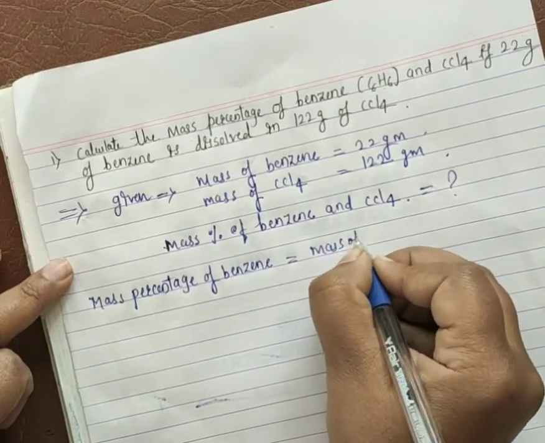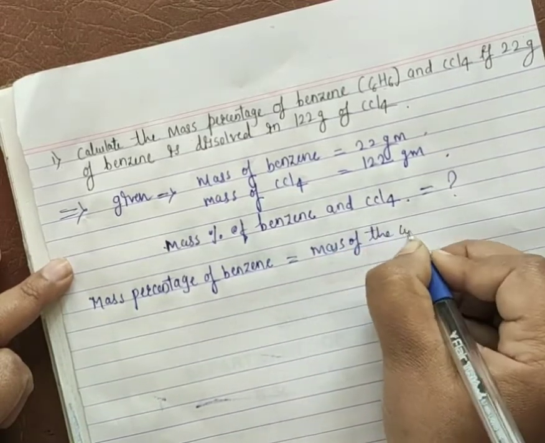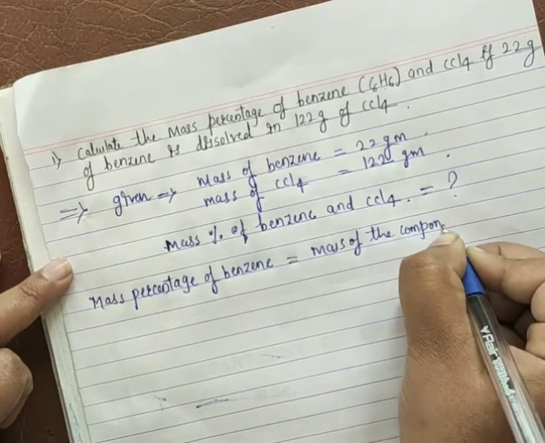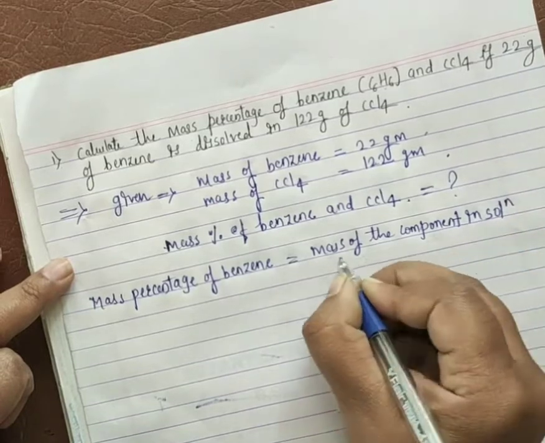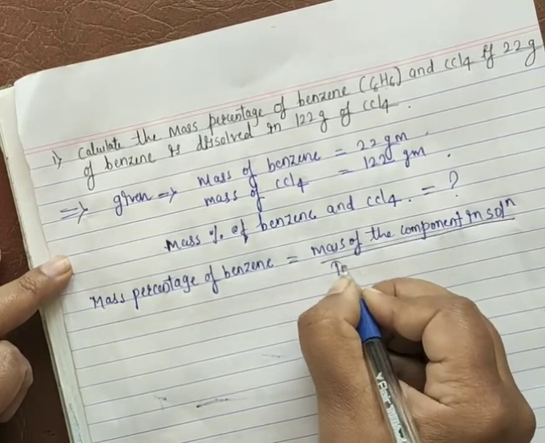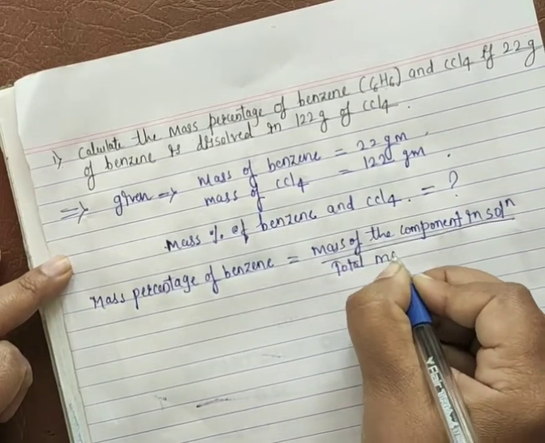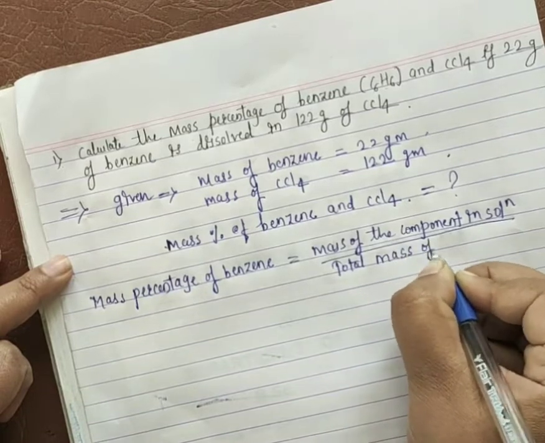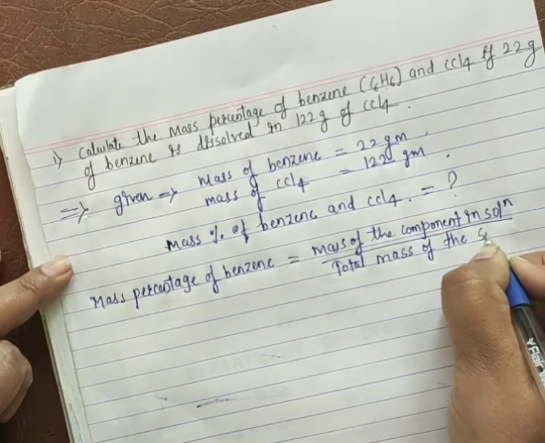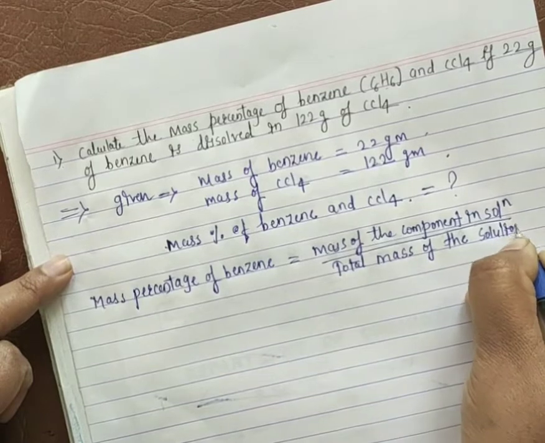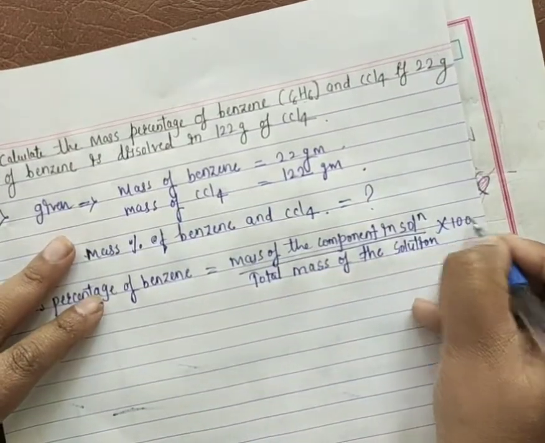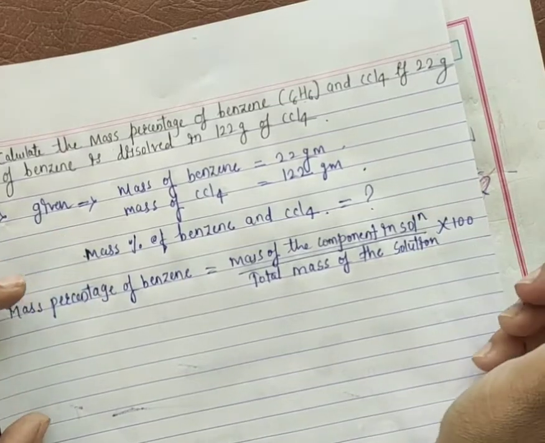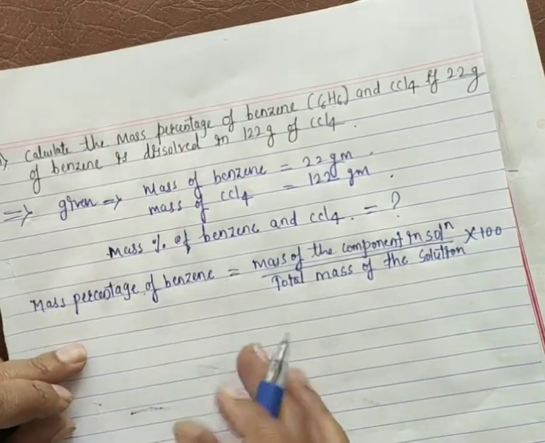Mass of the component in solution divided by total mass of the solution into 100. Okay, this is our formula. First you have to find mass percentage of benzene.